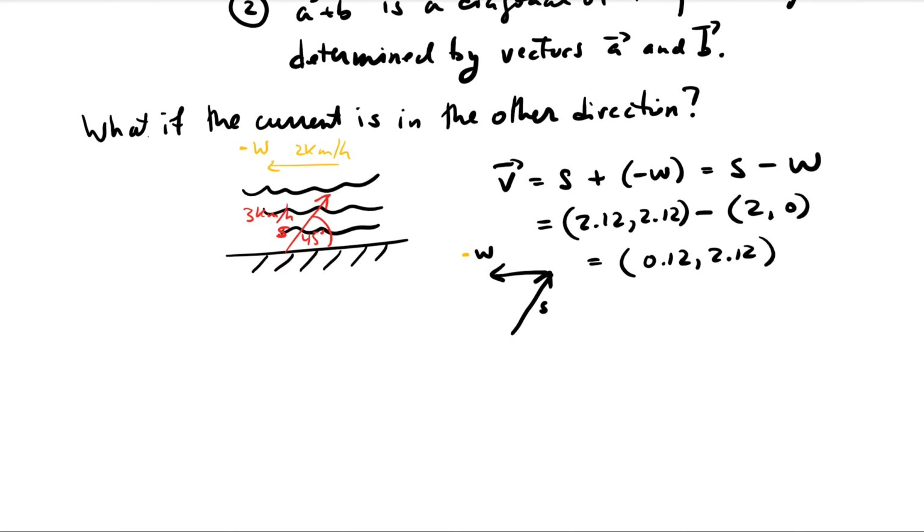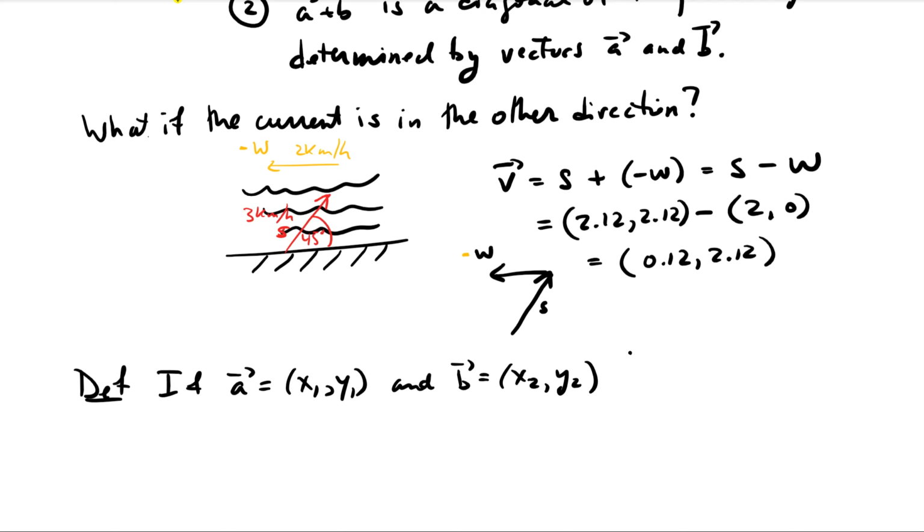So maybe a definition here. So if A is (x1, y1), and B is (x2, y2), then A minus B is simply, again, obtained by subtracting the coordinates.